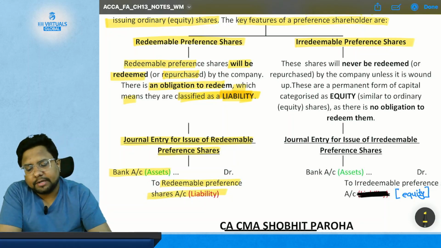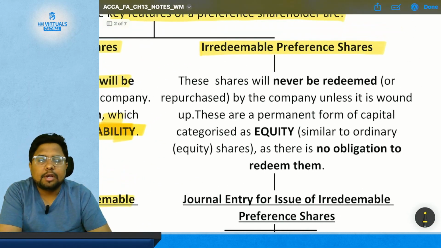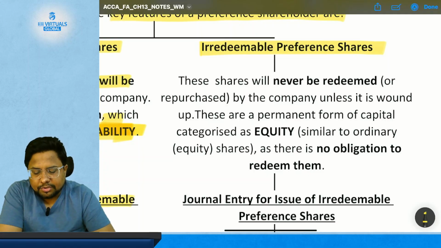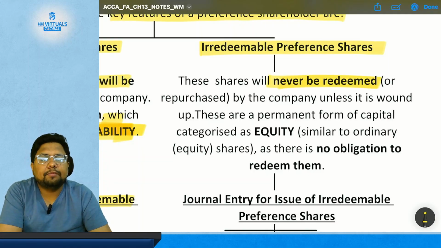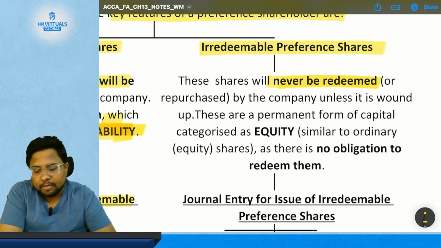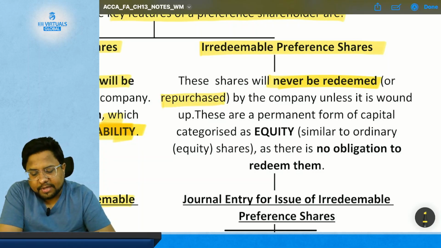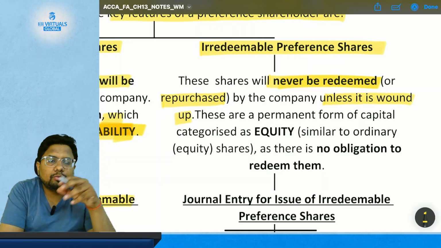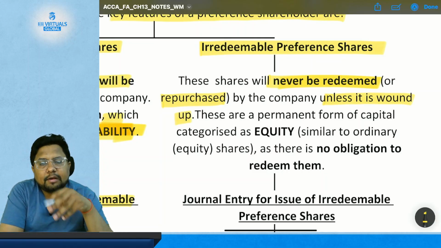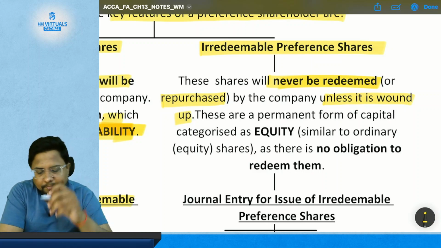Then comes another form, irredeemable preference shares, which are shares which will never be redeemed. These are preference shares which are never going to be redeemed or repurchased by the company unless it is wound up. So until the company is closed or wound up, there is no obligation to redeem or repurchase them.